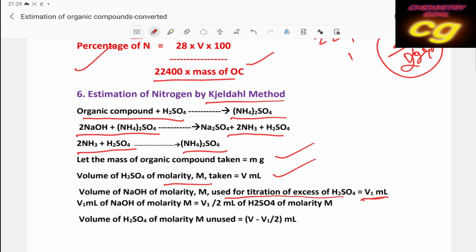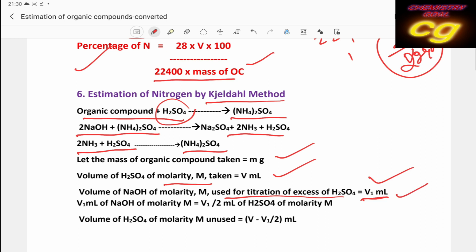The excess sulfuric acid will be titrated, and it will be estimated how much volume and what concentration. So the volume of sodium hydroxide used for titration of the excess sulfuric acid is V1 mL.